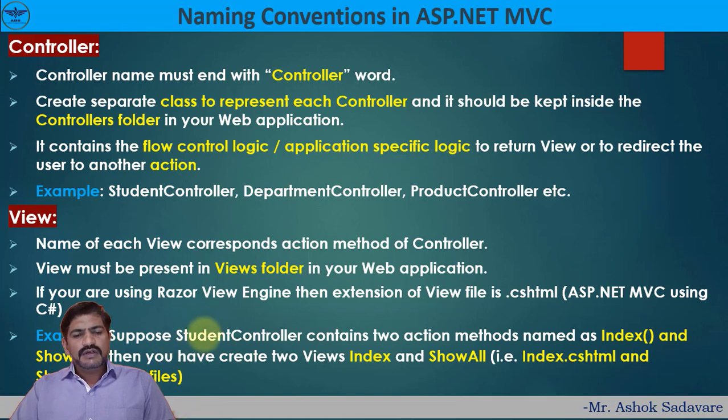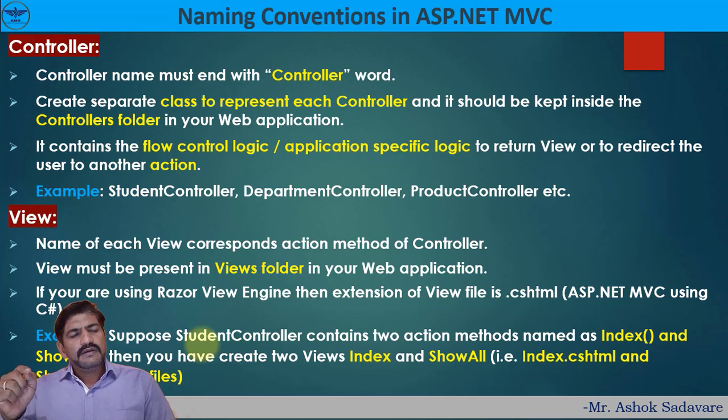Suppose the StudentController class has two action methods named Index and ShowAll. If you want to create views for these two action methods, then you have to create two views, one for the Index action method and another for the ShowAll action method.